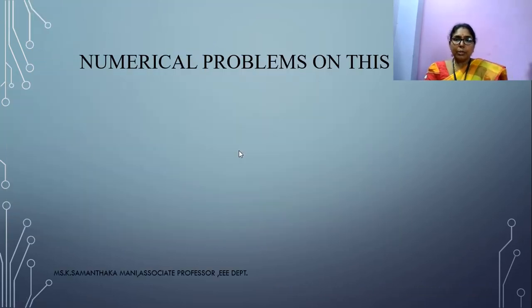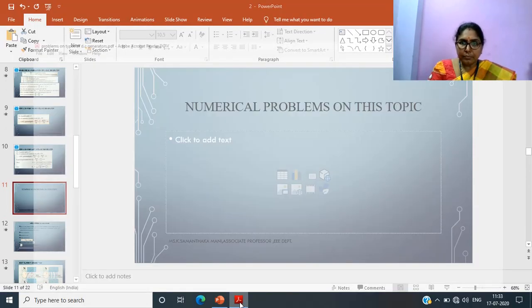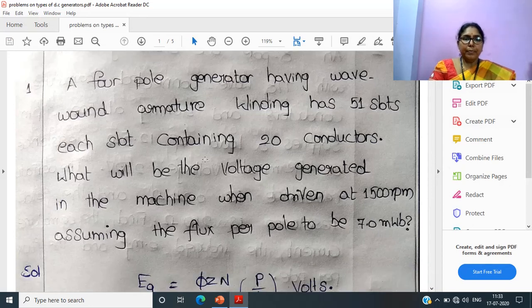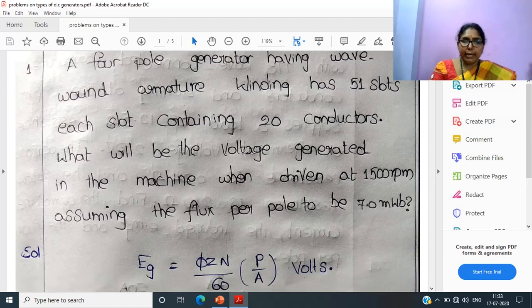Now I would like to explain numerical problems on the topics we have discussed till now. We are going to discuss the first problem. A 4-pole generator having wave-wound armature winding has 51 slots, each slot containing 20 conductors.